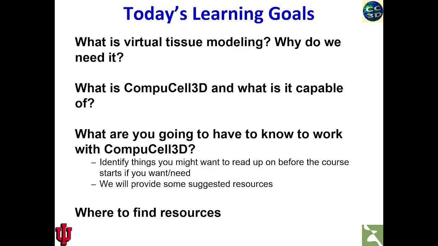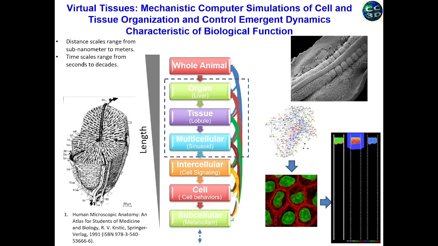Again, I want to make clear you're not required to do any reading in advance, but it will make your time during the workshop even more useful and meaningful if you've made sure to fill in some of the areas where maybe you're not as familiar, and we'll talk more about that in the second half of the orientation. We'll also talk about where to find resources for the workshop and for filling in background material.